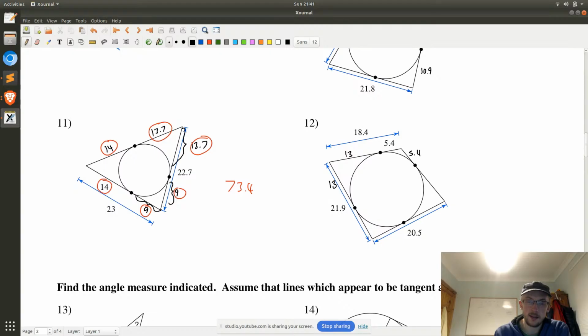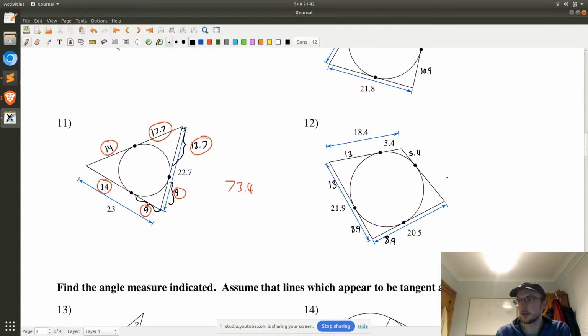And then that is 13 right there. And then 21.9 minus 13 to get 8.9. And that too is 8.9. And then 20.5 minus 8.9. So just do 20.5 minus 9 and then add 0.1.